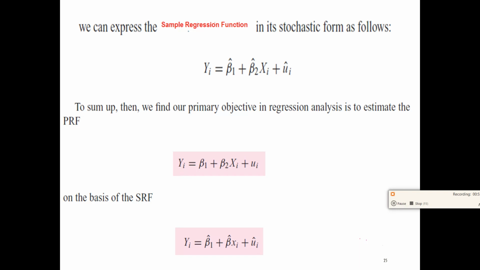I have used less data, that is, I have put in lesser effort, but still my estimates or my results are generalizable for the 60 families in the population. So sample regression function is a fair approximation of the population regression function.